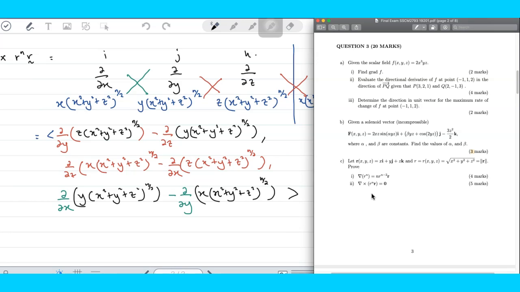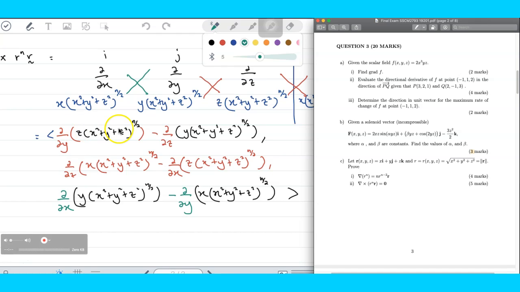So next, firstly, I try to find out this one. Y is inside here, so you just differentiate the outer function.